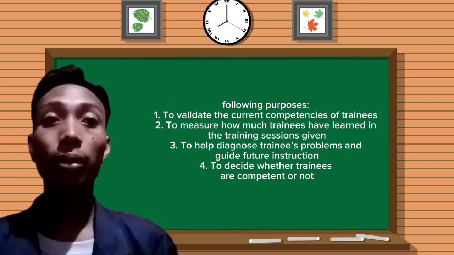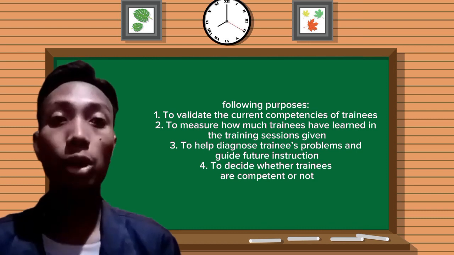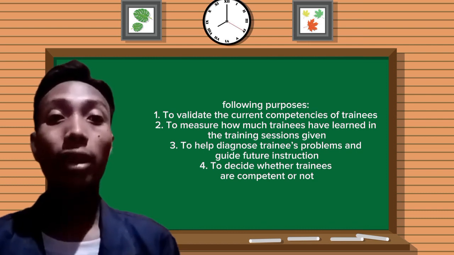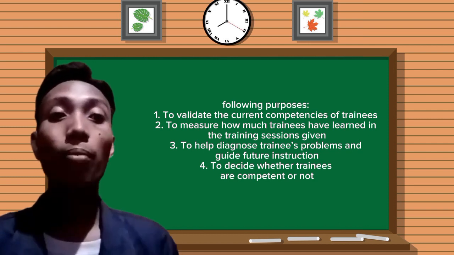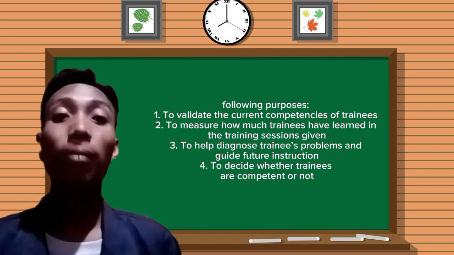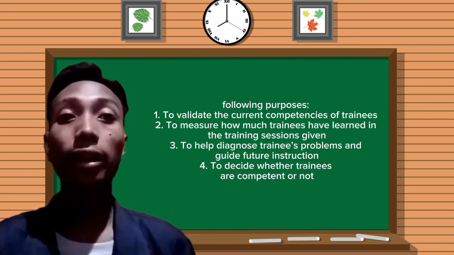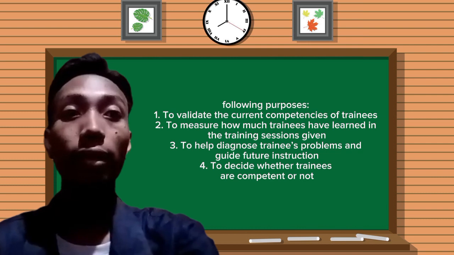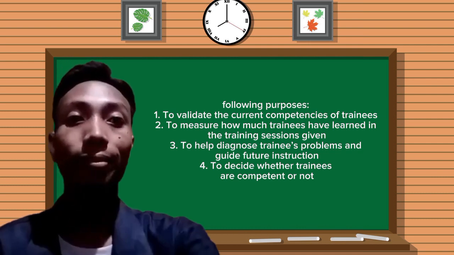These are the following purposes in institutional competencies evaluation. First, validate the current competencies of trainees. Second, to measure how much trainees have learned in the training session given. To help diagnose trainees.